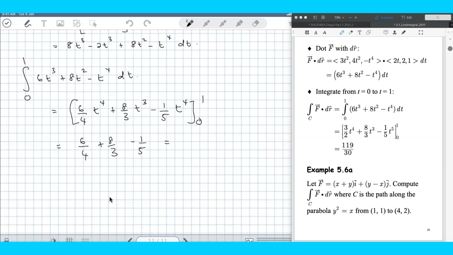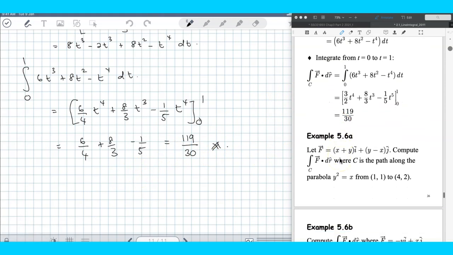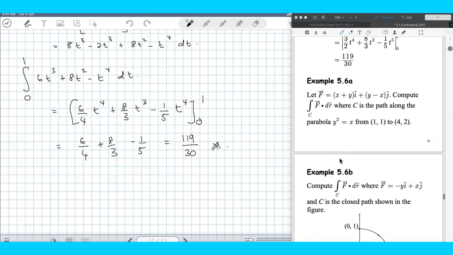And you will get this one. Okay, so that is one of the examples.